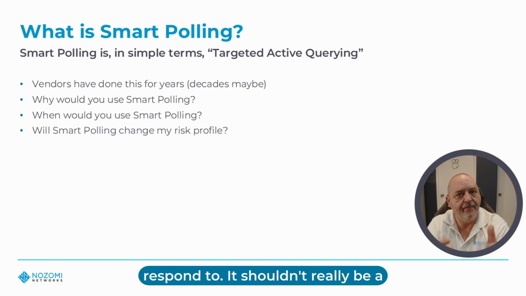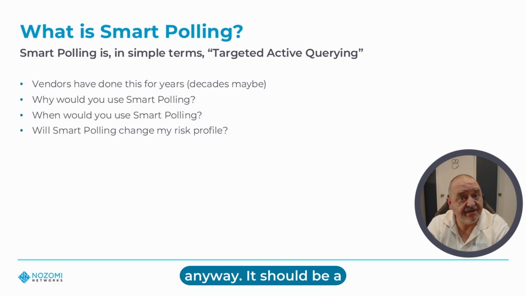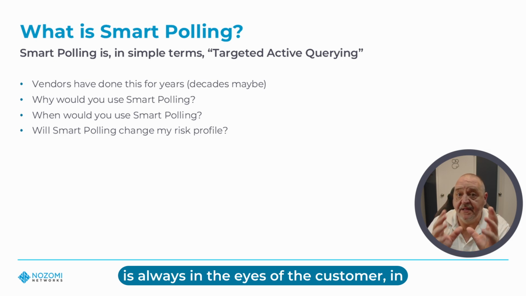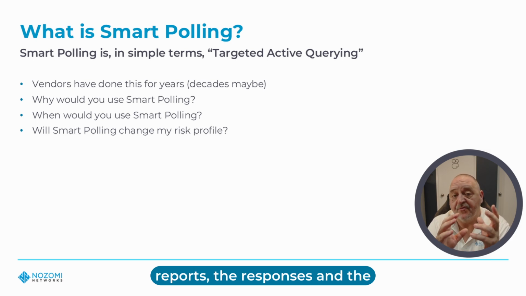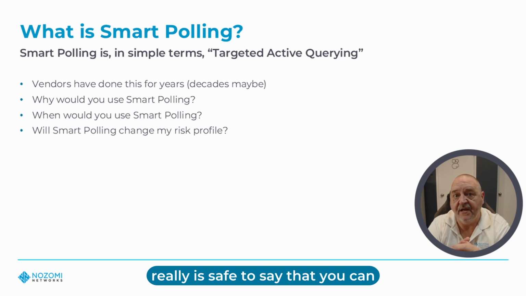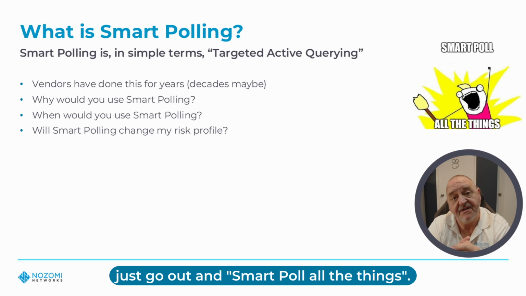There shouldn't really be a change in risk, nothing significant anyway. It should be a safe process. That being said, risk assessment and risk appetite is always in the hands of the customer. But with the reports, responses, and results that we've had over 6 years, it really is safe to say that you can just go out and smart poll all the things.